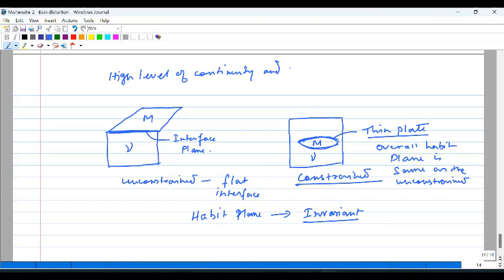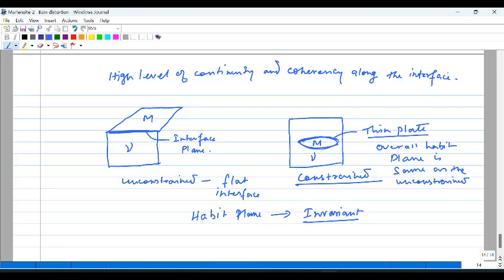And coherency. It has to be a coherent interface. It has to remain unchanged. Okay.